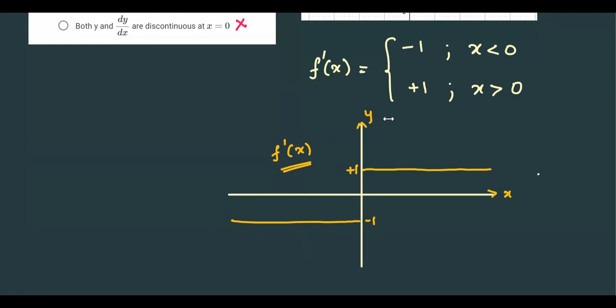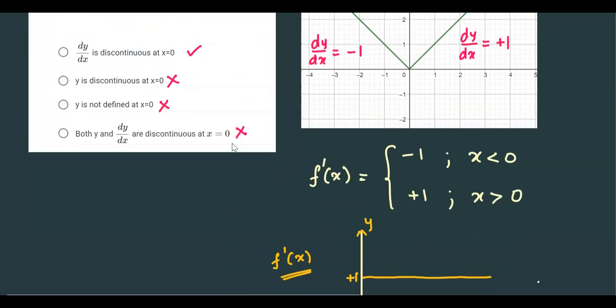Someone has asked, what is the difference between option 1 and option 2? Option 1 is talking about y, that is, the function itself being continuous or discontinuous. Option 2 is talking about the slope of the function being continuous or discontinuous.